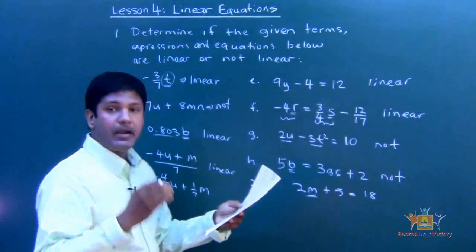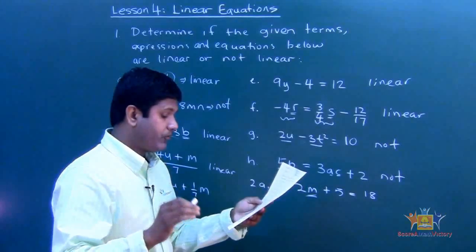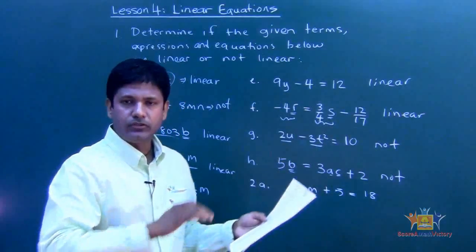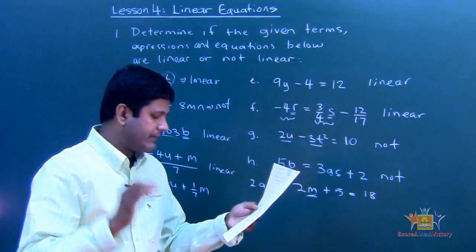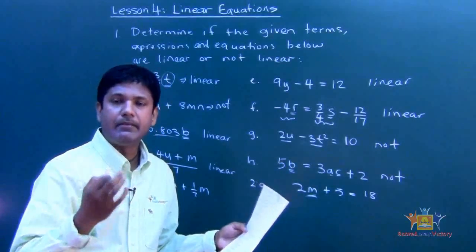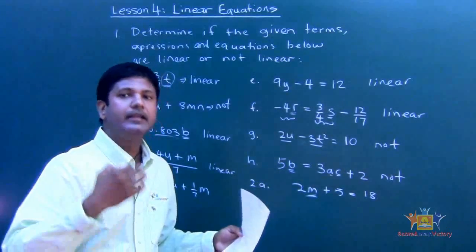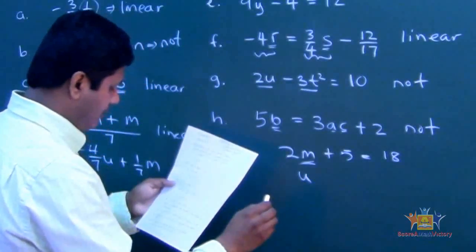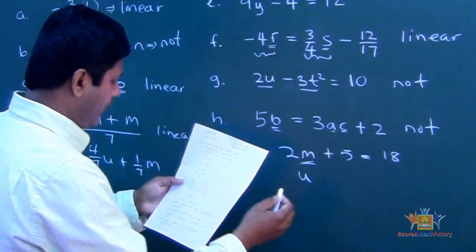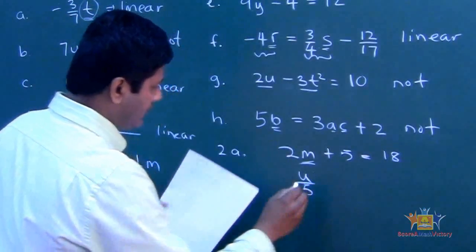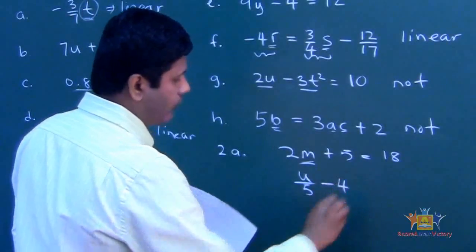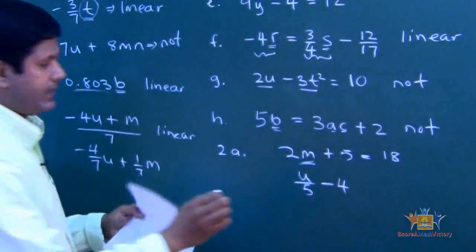Divide a number by 5, subtract 4 equals 9. Always try to read the whole thing so that you understand. We're going to divide a number by 5. A number, again, is an unknown, so let's say u. We divide u by 5, and then subtract 4, so minus 4 equals 9.